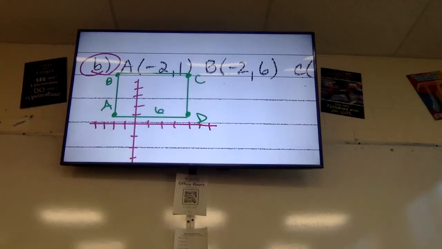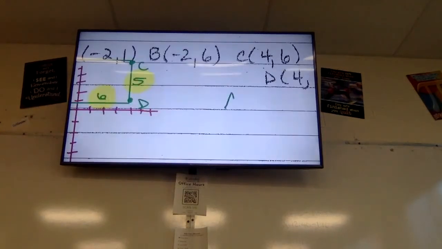How much do we go up? What's my width gonna be? I think 5. Yeah, Griffin, right? We went from 1 up to 6, so that's a distance of 5. So I'm using 5 and 6 as my length and width. Can you find area very easily and find perimeter very easily? All right, stop and do that. Area is length times width, so 5 times 6. Area is going to be 30.